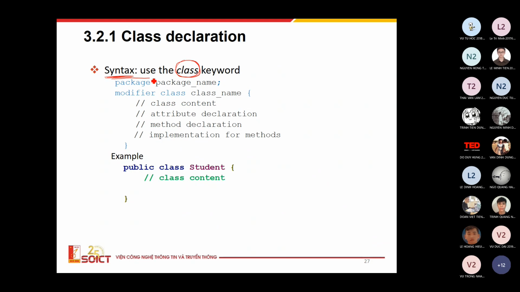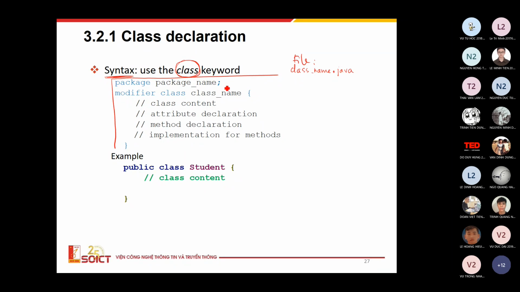And you can imagine, for example, a Java file, the class name .java. This is a file name.